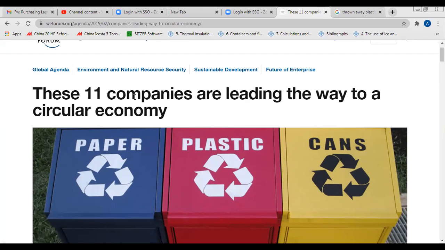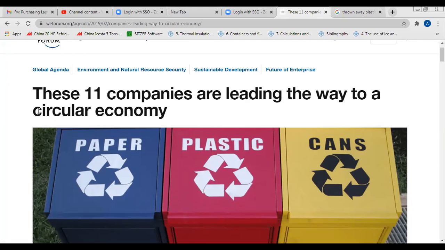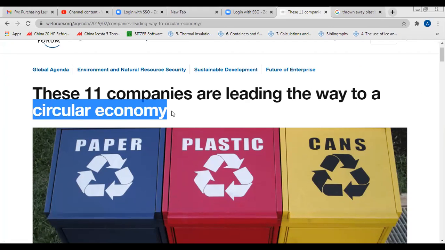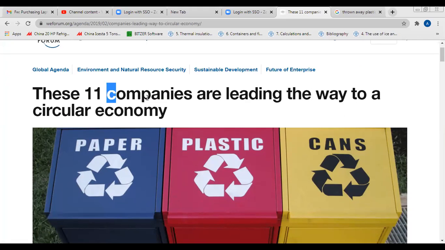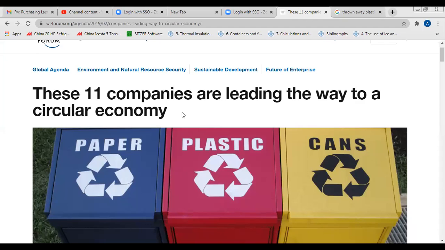So this tells that in a circular economy, the lowest level are the companies or some establishment, maybe at household levels. So that's why this is for manufacturing, services, industries, leading the way to a circular economy.